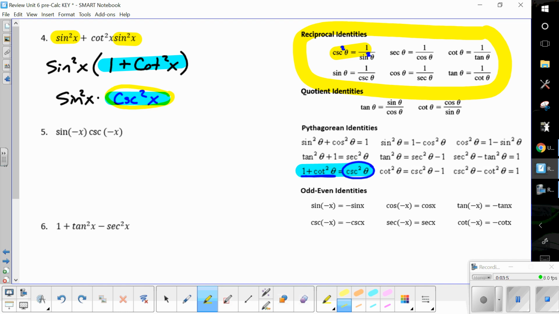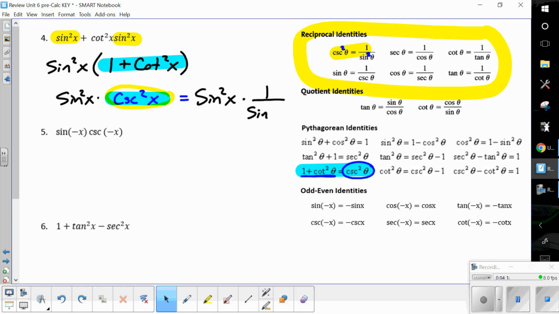So now I would have this equals sine squared of x, sorry, there's a little glitch in my board here, sine squared of x, let me move it up, times 1 over sine squared of x. And these would cancel each other out, and my final answer here would be equal to 1.